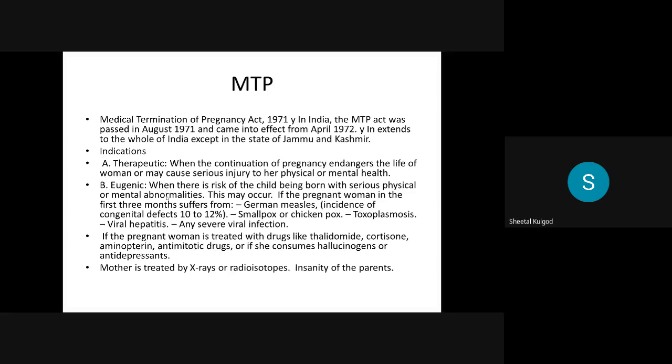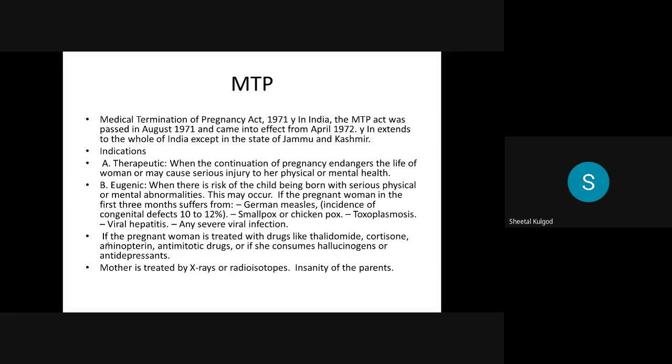Eugenic is when there is risk of the child being born with serious physical or mental abnormalities. This may occur if the pregnant woman in the first 3 months suffers from German measles, where there is an incidence of congenital defects of about 10 to 12%, smallpox or chickenpox, toxoplasmosis, viral hepatitis, or any severe viral infection, or if the pregnant woman has been treated with any teratogenic drugs like thalidomide, cortisone, aminopterin, antimitotic drugs, or even if she consumes hallucinogens or antidepressants, or when the mother is treated by X-rays or radioisotopes, and if there is an insanity of the parents.